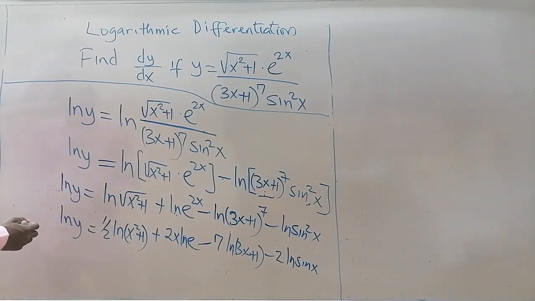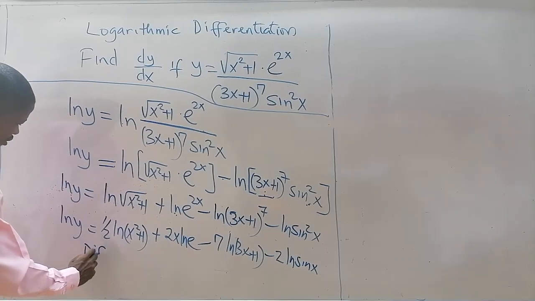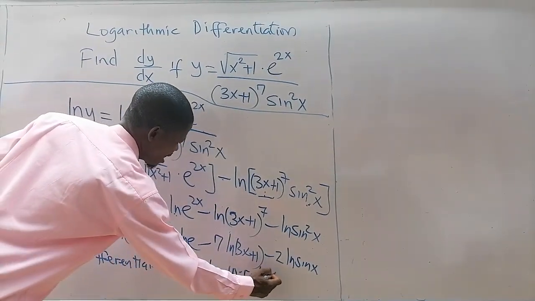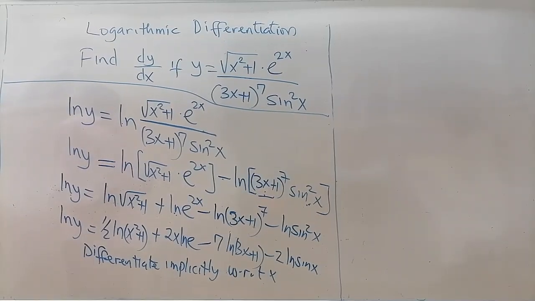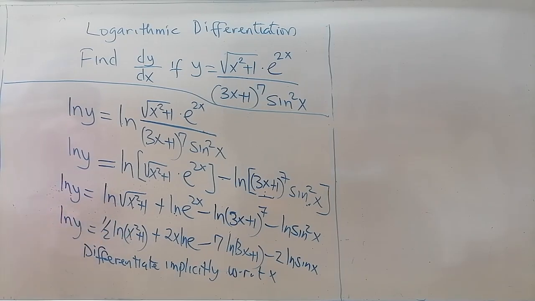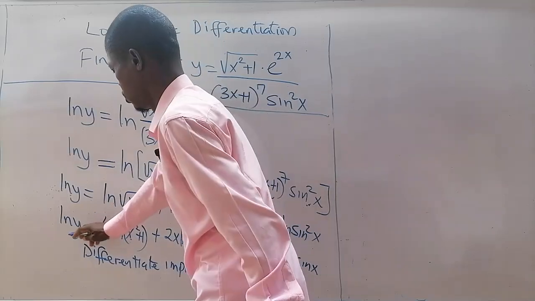Then we can now differentiate implicitly with respect to x. When you are doing logarithmic differentiation, it involves two functions, we have x and y. So your implicit differentiation, that will be differentiate this one.